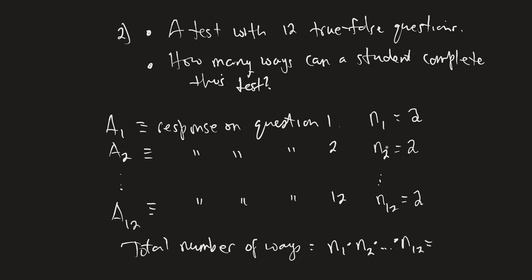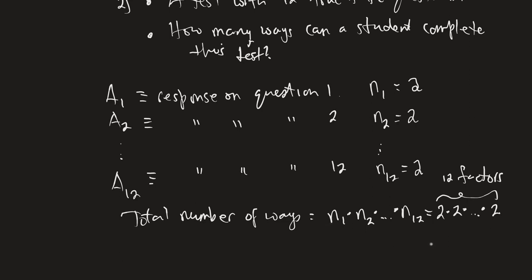But because the number of responses to each question is 2, this will be 2 times 2 times ... times 2, 12 factors here. So there are 12 factors, and that means our final answer is 2 to the 12. So I believe that is 4,096 ways that this 12 question test can be completed.